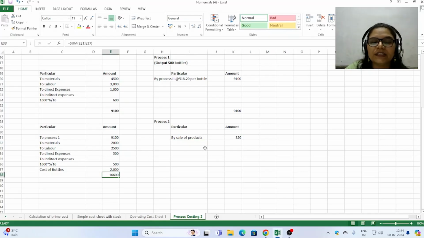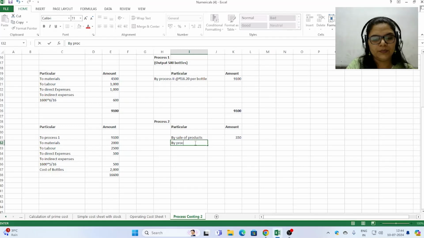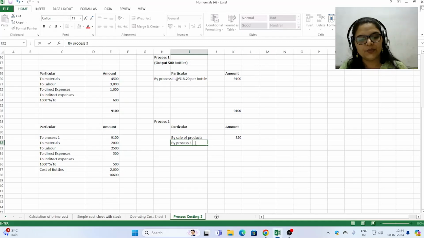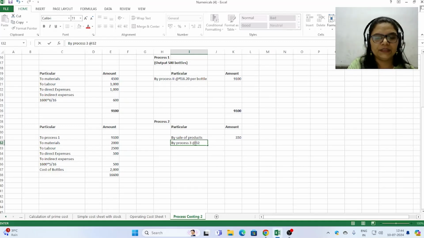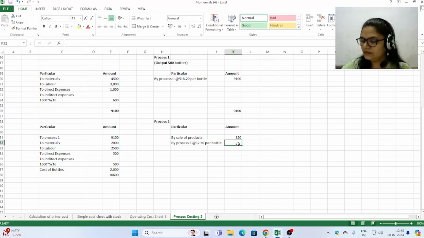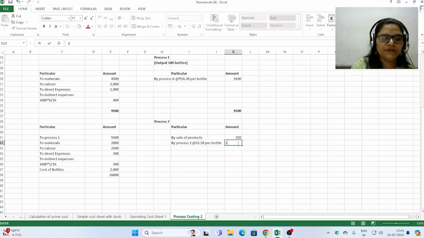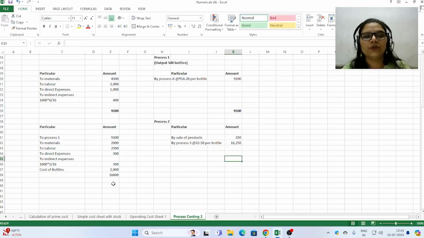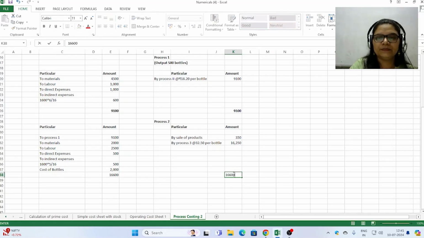So 16,600 minus 350 will give you by process 3 at the rate of rupees 32.50 per bottle, which will be 16,250. So the total comes out to be 16,600.